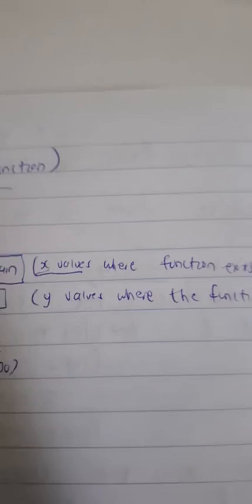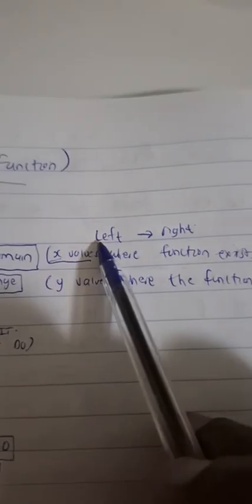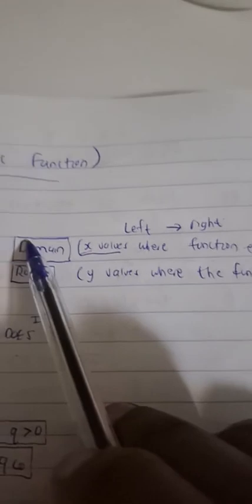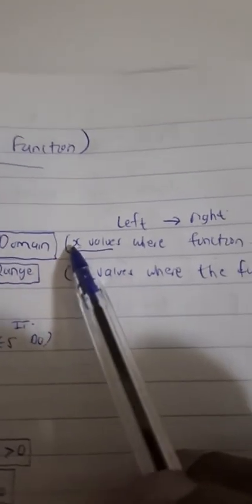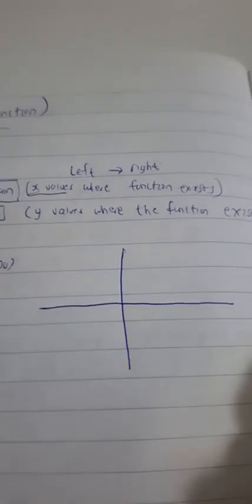Now, when we talk about x values, guys, on the Cartesian plane, we are looking left to right. So we're looking at the function from the left to the right. That's what domain is. Because x values, if you look at the Cartesian plane, let's just observe something about it.